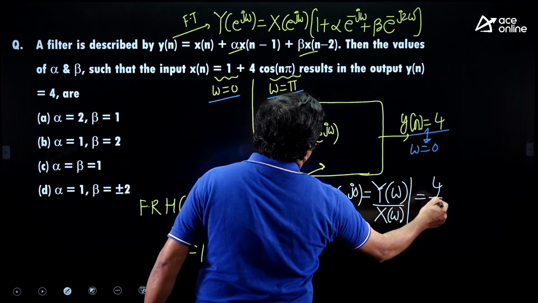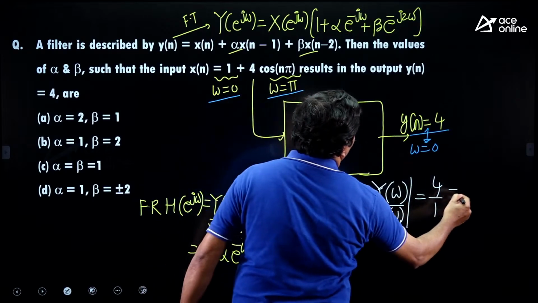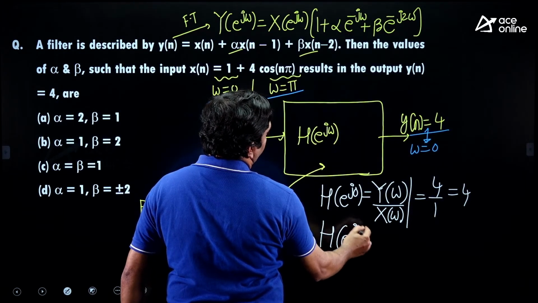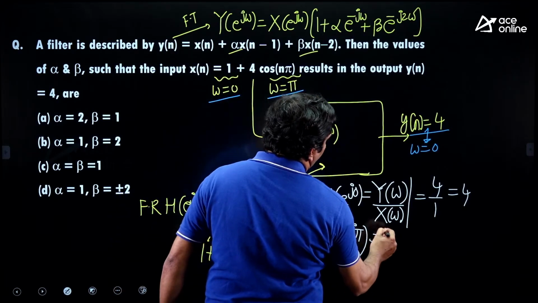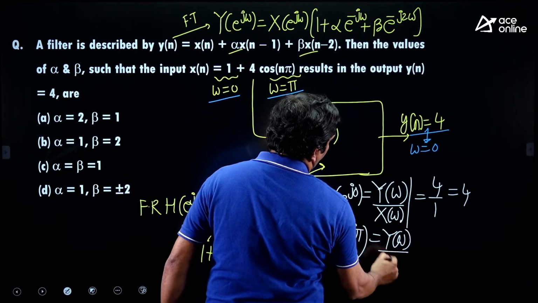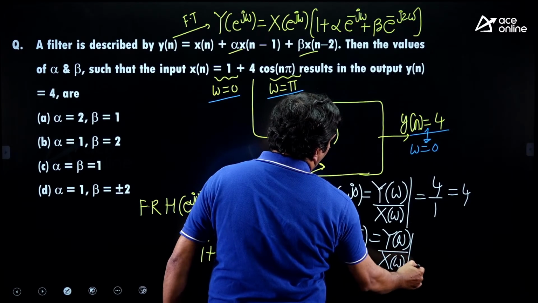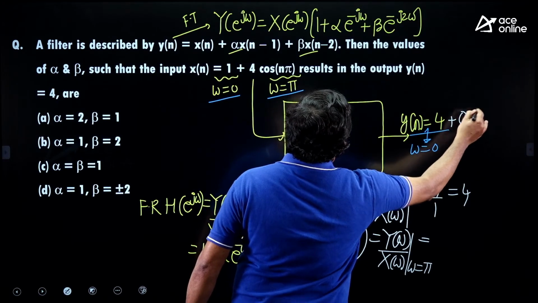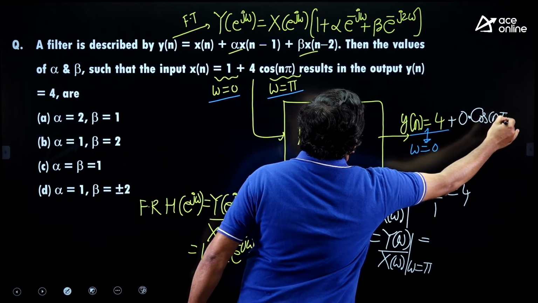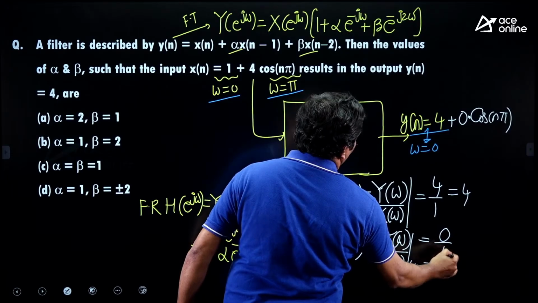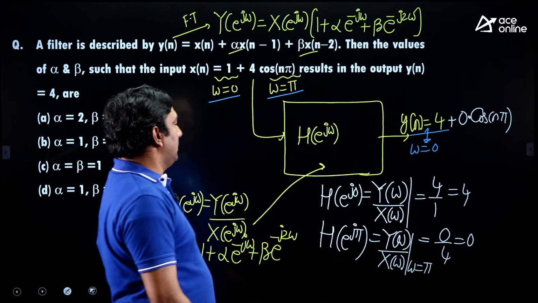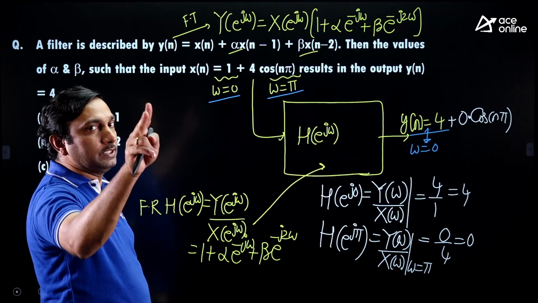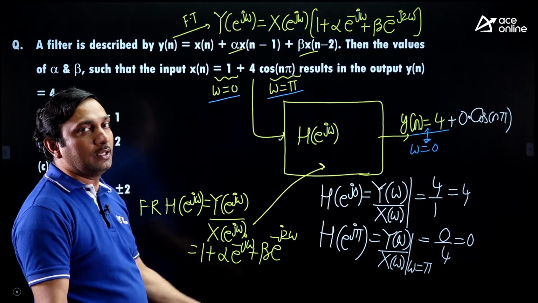Here output amplitude 4, input side amplitude 1, so 4. Similarly, what is the other frequency we have? Input side, omega equals pi, which is not present at the output side. We have to check the value at pi. Output side there is no pi frequency, so 0 by 4, answer 0. You know H(e^(j0)), H(e^(j pi)), two conditions are known, two unknown values. You will get the answer.